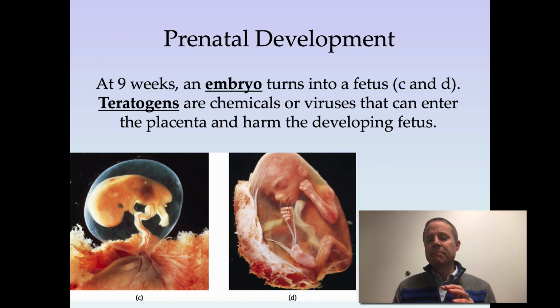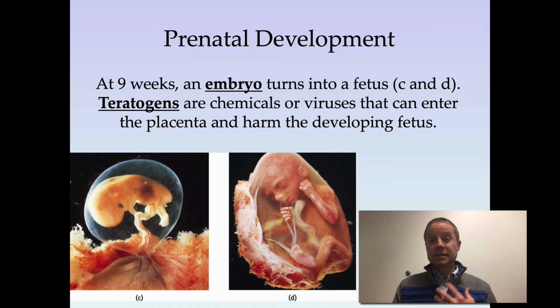Now, something can happen when the baby is in the womb. Stuff from the mom gets into the baby through the umbilical cord. So if mom is eating or drinking or sick, there's germs, they can get to the baby. So there's a name for things that are harmful, and that name is teratogens. And one of the most harmful is alcohol.